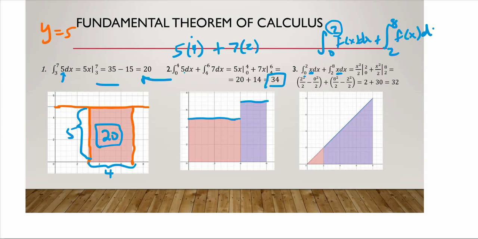So instead of doing 2 pieces, because it's the same function and they share this endpoint, I could have actually just done from 0 to 8 of the function f of x dx. Now, I didn't do it in this problem, but I'm showing you the fundamental theorem of calculus again, which is a prerequisite for the properties.